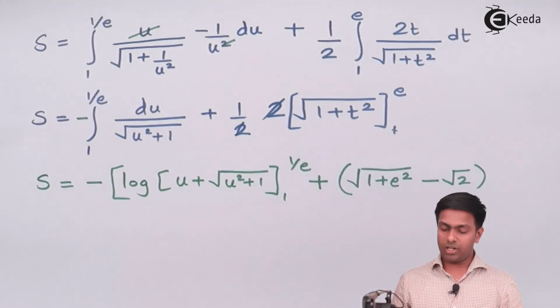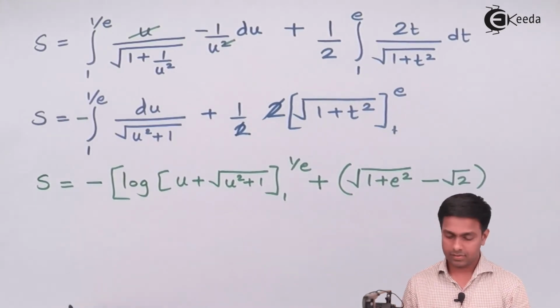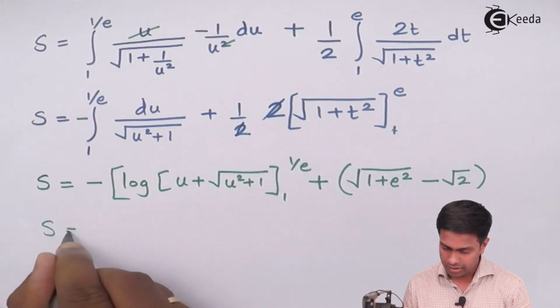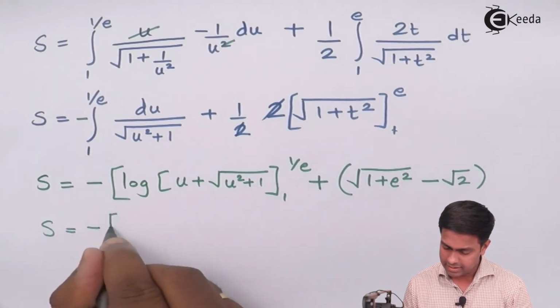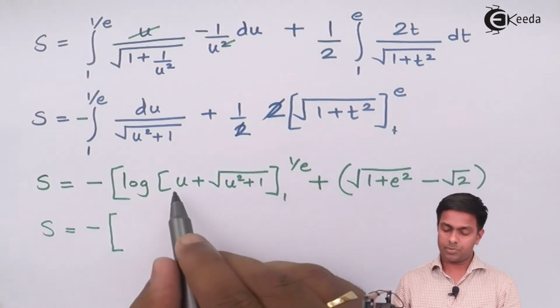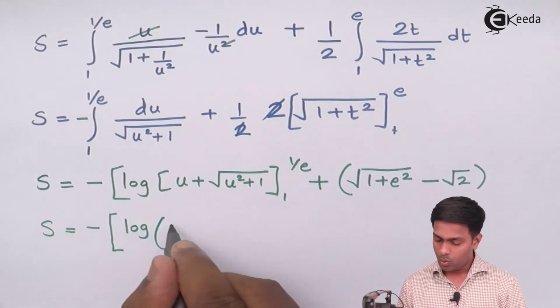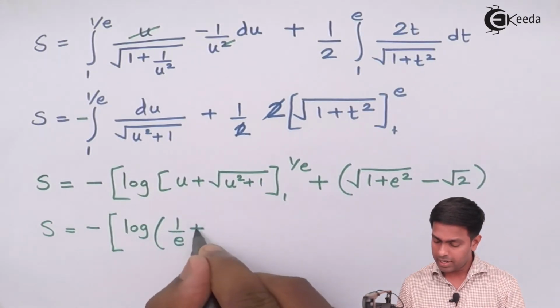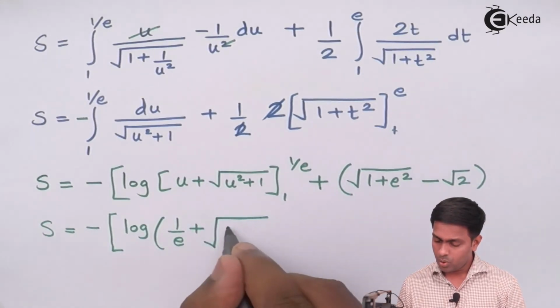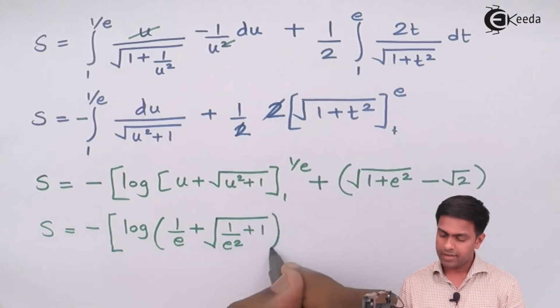Now let's solve the first integration. So here I'll say S equal to negative sign as it is. Let's take 1 upon e and let's substitute u by 1 upon e. So I'll get log of 1 upon e plus under root 1 upon e square plus 1.